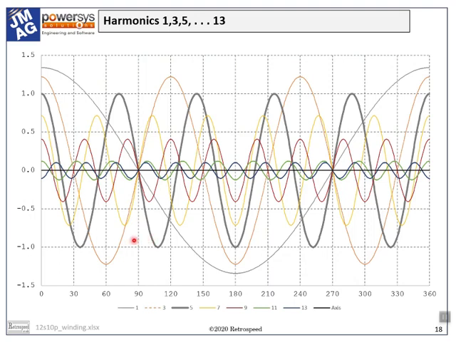Here we have harmonics 1, 3, 5, 7, 9, 11 and 13. The fifth one is the one we've been talking about, and it's shown in this heavy grey line with an amplitude of 1 per unit, if you will. All the others are scaled relative to this value.